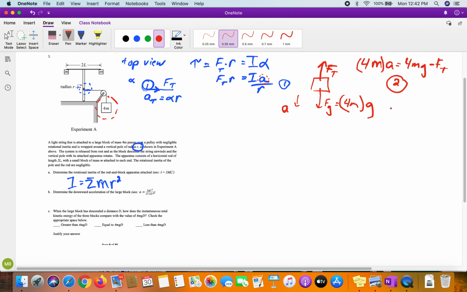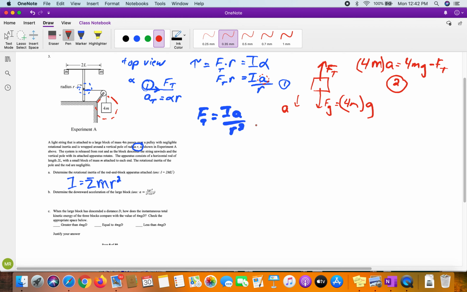Okay, so the idea is we want to sub equation 1 into equation 2. So the common term there is ft. So if I take equation 1 and I solve it for ft, I get ft equals I A over r squared.